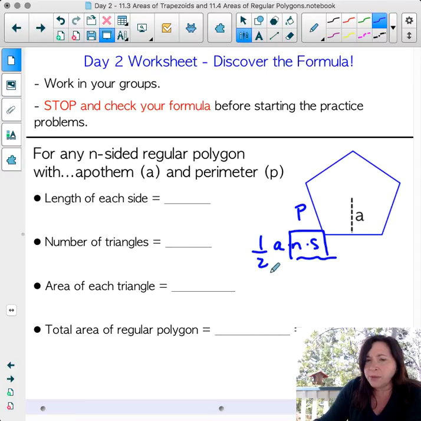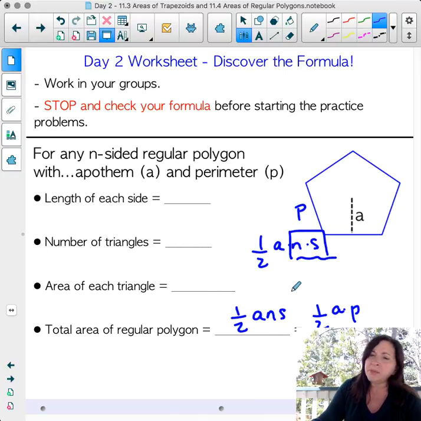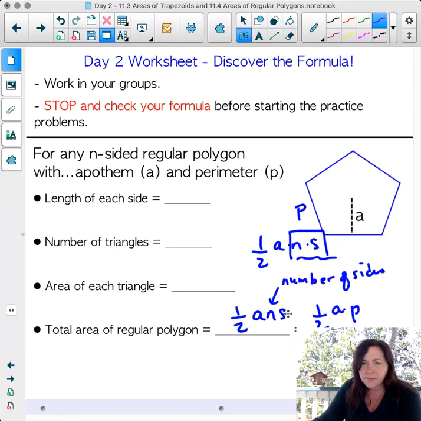So another formula you can use for a regular polygon is also 1/2 A times P, P being my perimeter. Again, A is the apothem, N is the number of sides, and S is the length of one side.